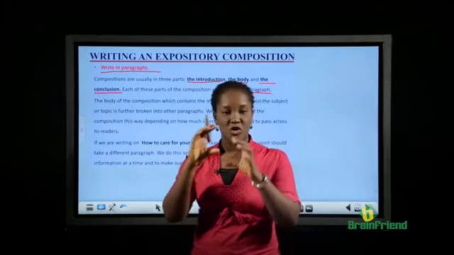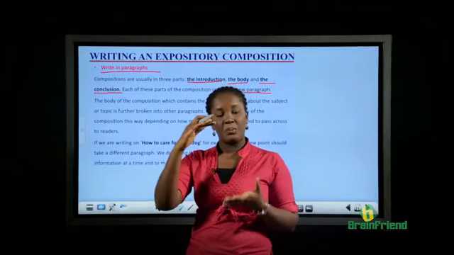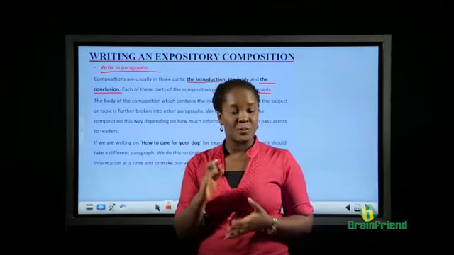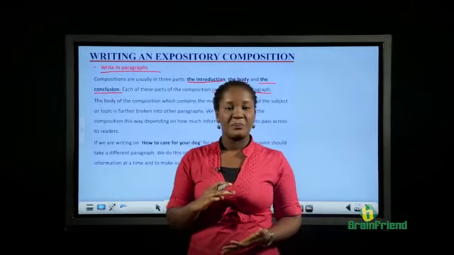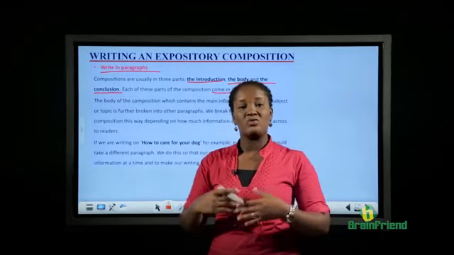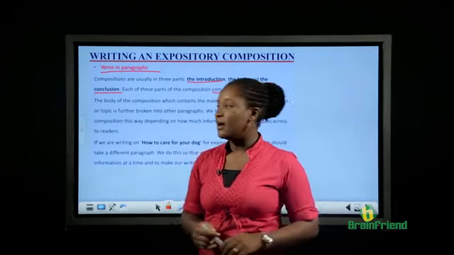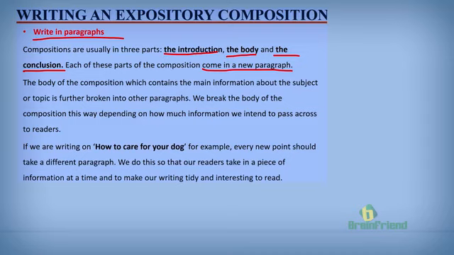When writing, the introduction takes 1 paragraph, the body of the work, which contains the relevant information about that topic, takes another paragraph, and then when you want to conclude or wrap up your writing, the conclusion also takes another paragraph. The body of the composition, which contains the main information about the subject, is further broken into other paragraphs.